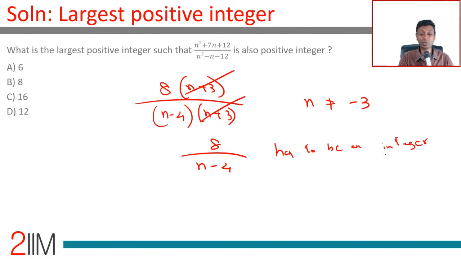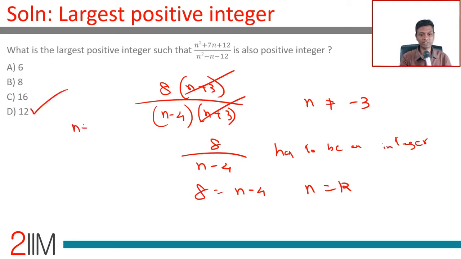So the best case scenario, this is equal to 1. That's when n will be as high as possible. If you put 8 equals n minus 4, n is 12. If n were any more than 12, 13, 14, 15, 16, this will become a positive proper fraction, and it will not be an integer, so the largest value n can take is 12.